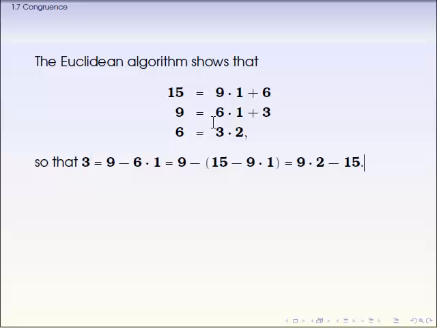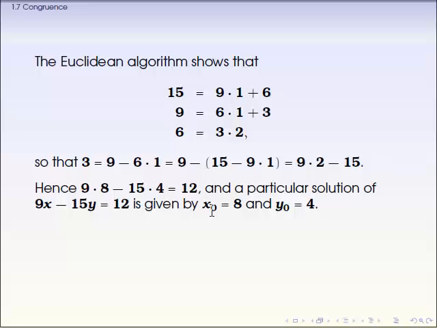So 3, the last nonzero remainder, can be written using 9 and 15, the two coefficients of the variables. Now multiply by 4 on both sides. Why 4?